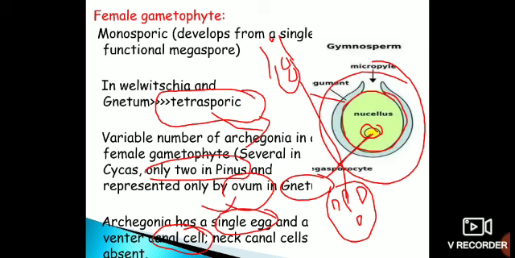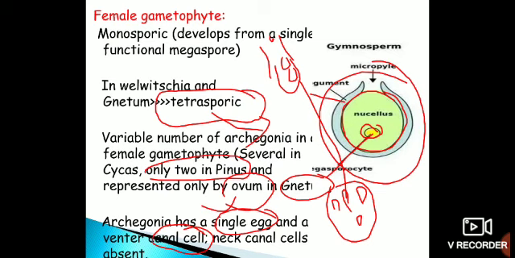And these female gametophytes form the archegonia or female sex organs. And the number of archegonia in a gametophyte is variable. For example, you have several archegonia in Cycas, only 2 in Pinus, and in case of Gnetum, the archegonium is represented by a single ovum, okay.